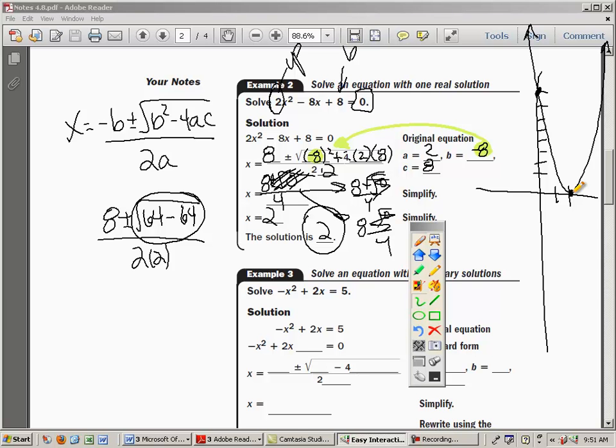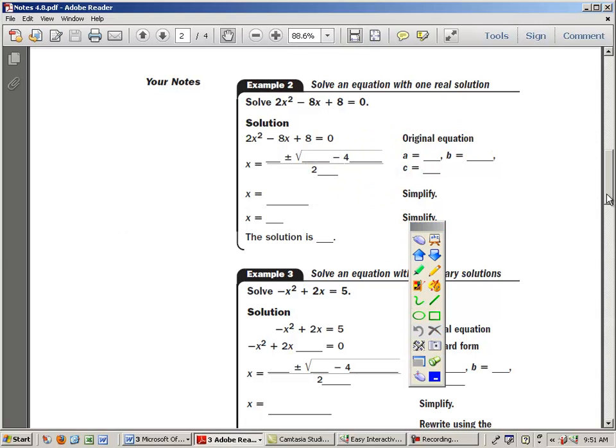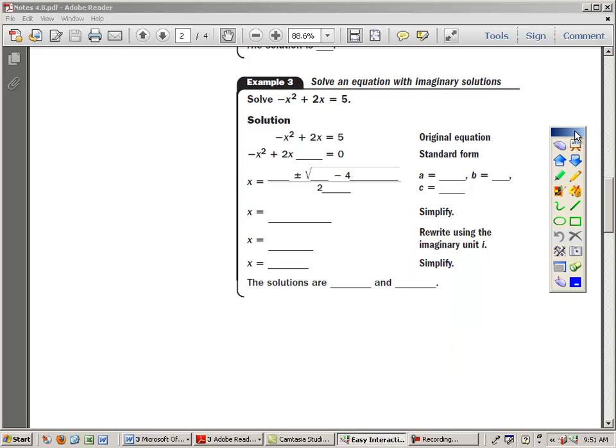All right? So what about one that has imaginary solutions? Let's work through our quadratic formula and see if we can do one like this. Once again, you have to get it in standard form first. We're going to subtract 5 from both sides, so this becomes negative x squared plus 2x minus 5 is equal to 0.